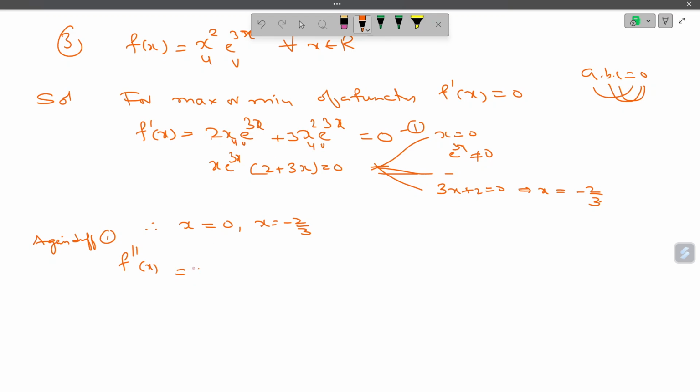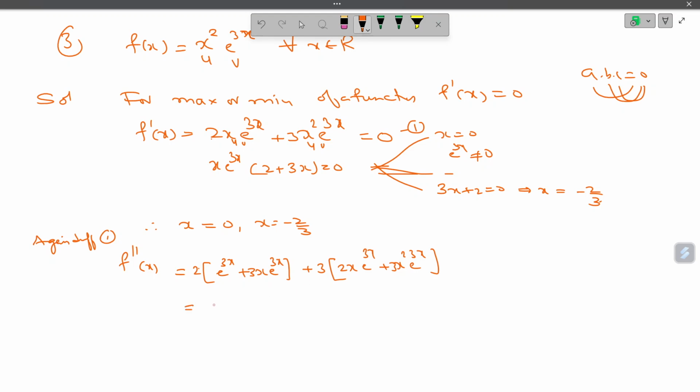So 2 as it is, derivative of x is 1, so e to the power of 3x as it is. Then x as it is, e to the power of 3x is e to the power of 3x into 3. Plus 3 outside. Now x square is 2x, e to the power of 3x as it is. X square as it is, e to the power of 3x is e to the power of 3x into 3. Okay?